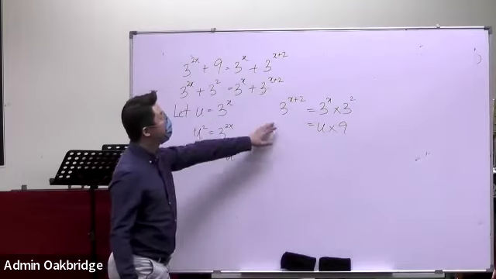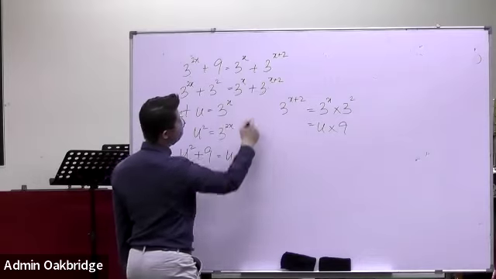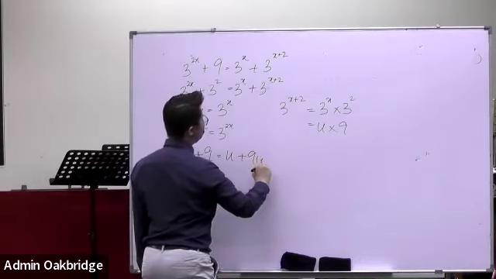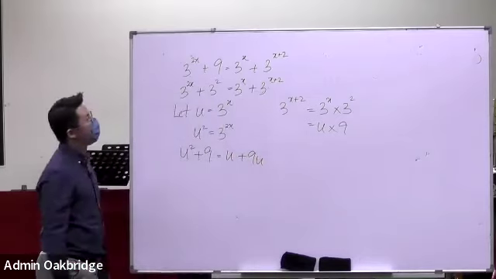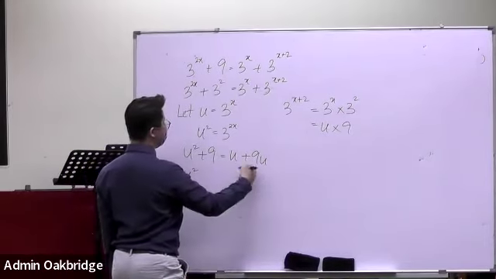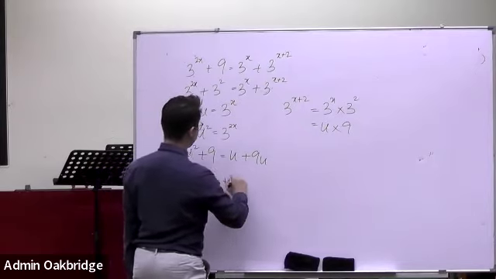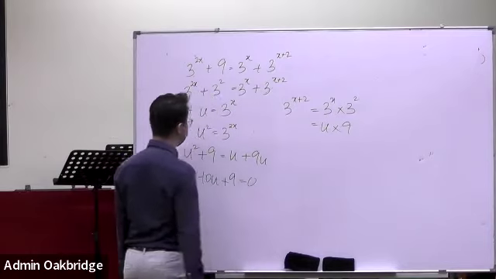So now you know this is actually 9u. So here, plus 9u. Now you can simplify this: u squared minus 10u plus 9 equals to 0.